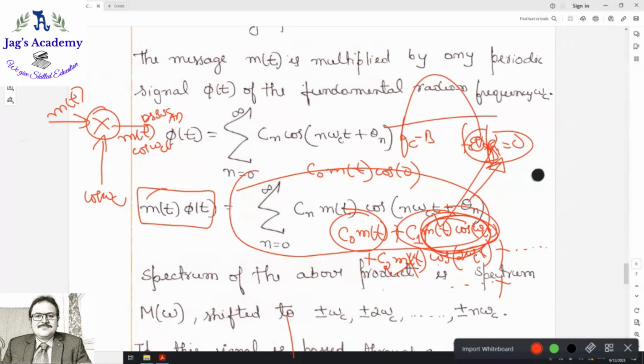This is called a filter. I think by looking at your faces, I can make out you don't know the concept of a filter. Do you know the concept of a filter? How do you see this filter operation from the frequency domain point of view?